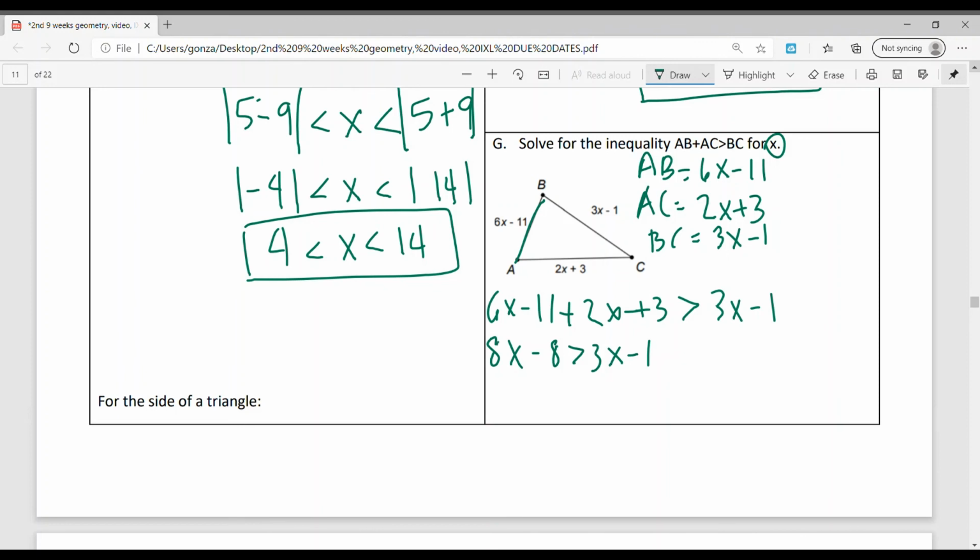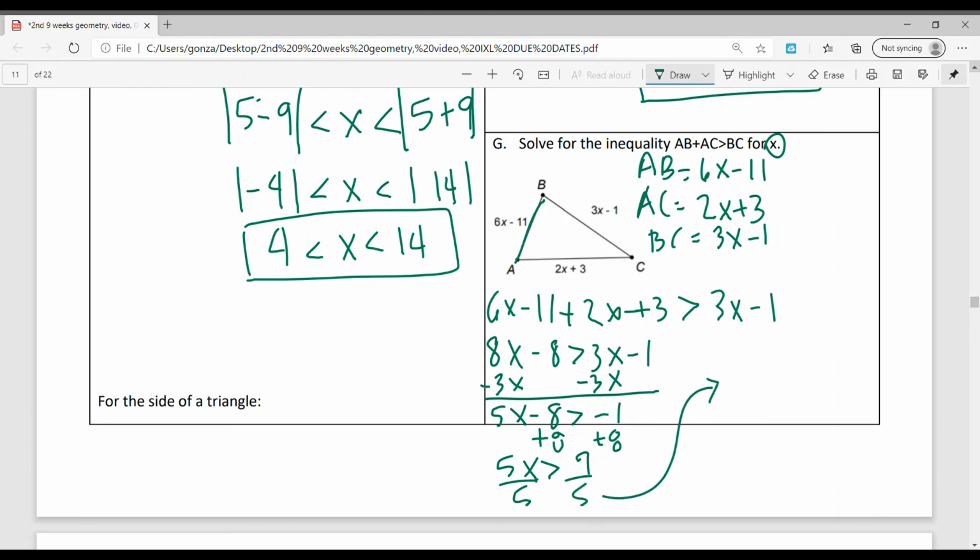I'm going to collect like terms and subtract 3x from both sides. So then I get 5x minus 8 is greater than negative 1. Add 8 to both sides. I have 5x is greater than 7. Divide both sides by 5. And then from here, I say that x is greater than 7/5.